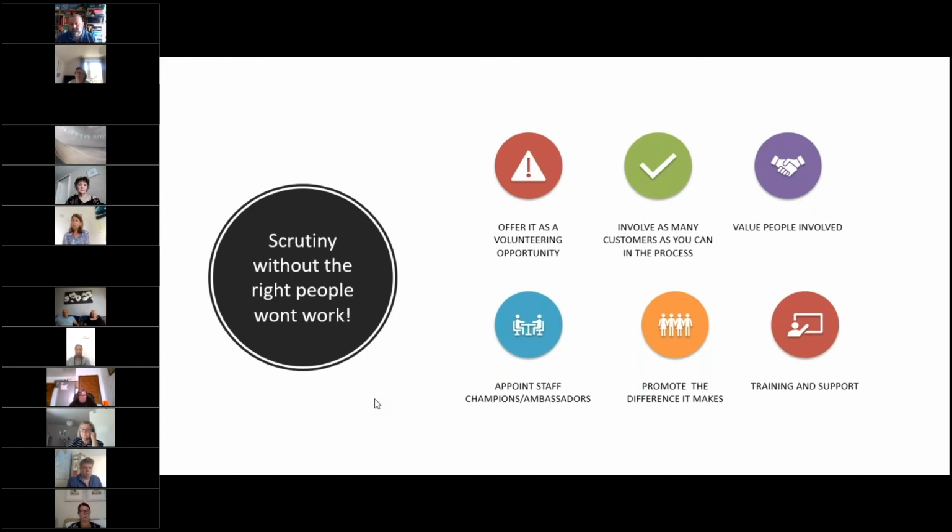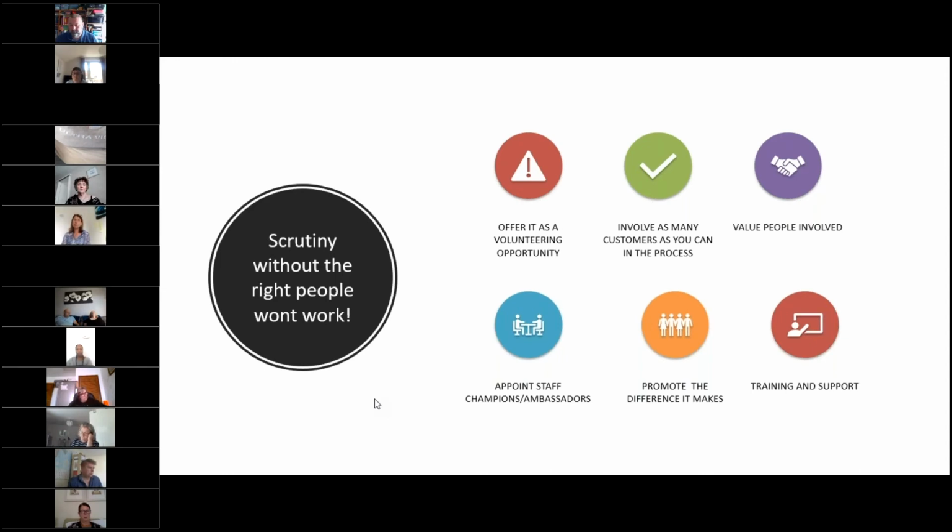Okay, I talked about promoting the difference that scrutiny makes. I think that's really important, to make sure that we make time to show the difference it makes, because that is what people generally get involved in it for. And also involving as many people and customers as possible.